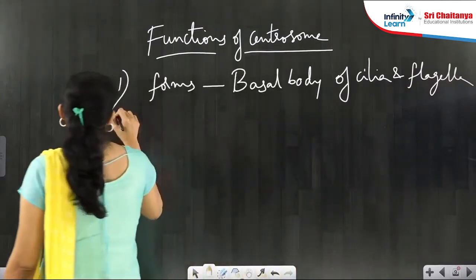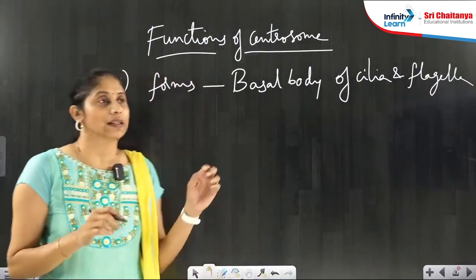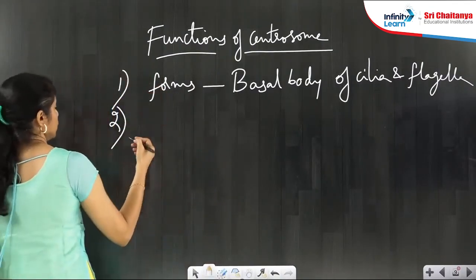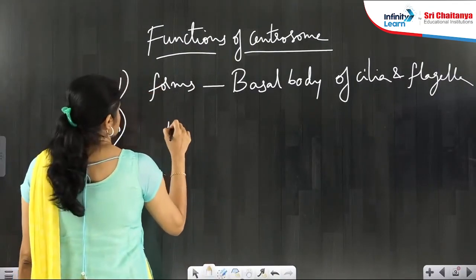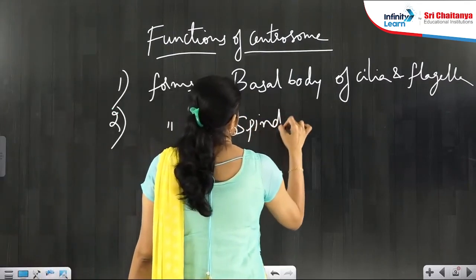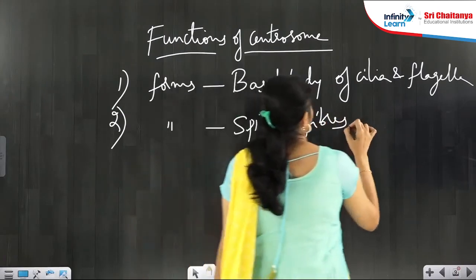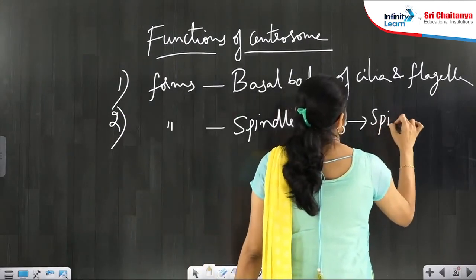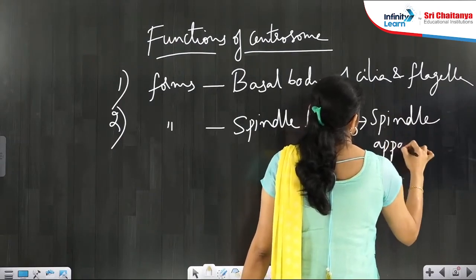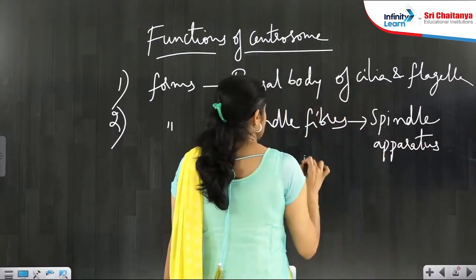So the centrosome forms the origin point of cilia and flagella, which is called the basal body. That is the main function of the centrosome. Later, it forms spindle fibers, and then they form the spindle apparatus, and they help in cell division.